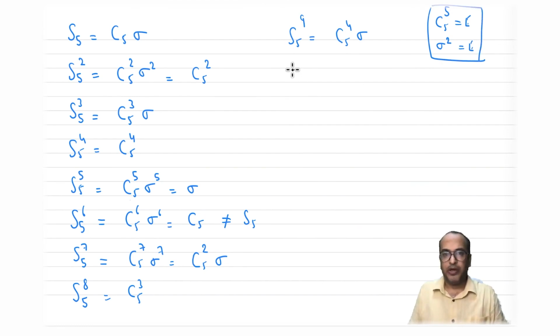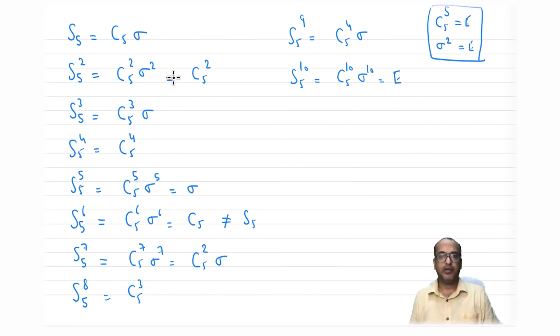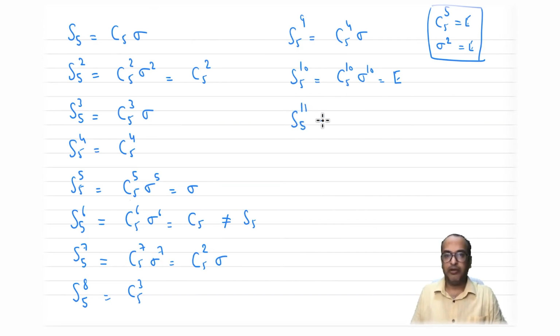Now S5 to the power 10, we are getting C5 to the power 10 and sigma to the power 10, that means again E, right? So again, we have got a non-redundant operation. Let's see what happens next. 11: C5 5, C5 5, C5 1, sigma 11, right?